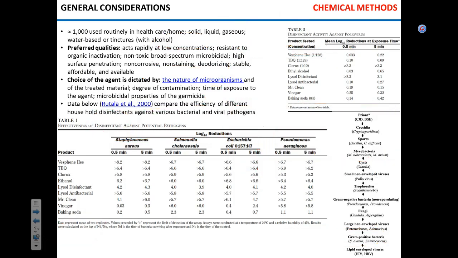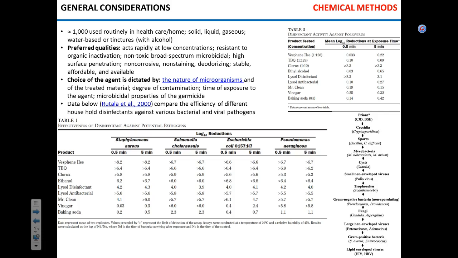So this brings us to the discussion of various chemical methods used in microbial control. The number of chemicals that we use in industrial, healthcare, or house applications is staggering.